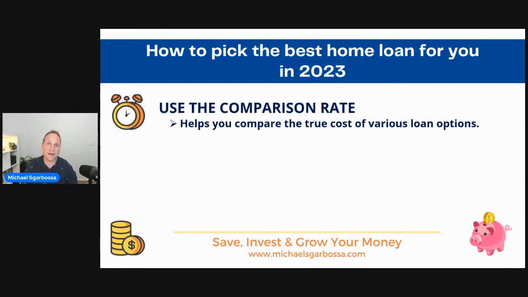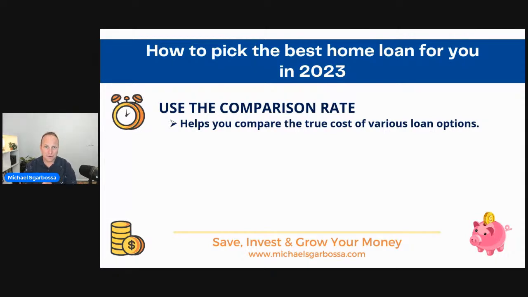Everything I share about the comparison rate here in Australia and in comparing loans is also pretty much directly comparable to the APRC in the UK. So if you're in the UK, just listen to what I say about the comparison rate here in Australia. It's going to be pretty similar for you as well.